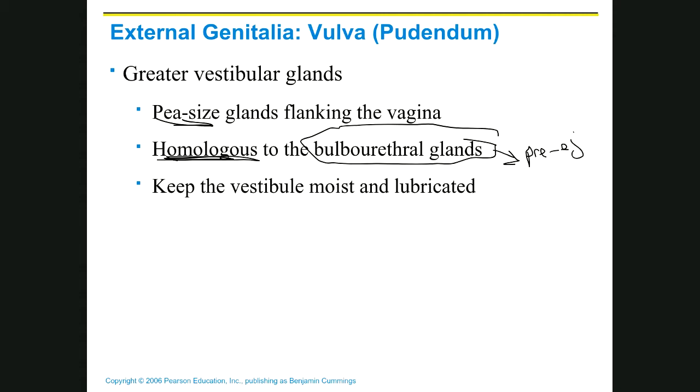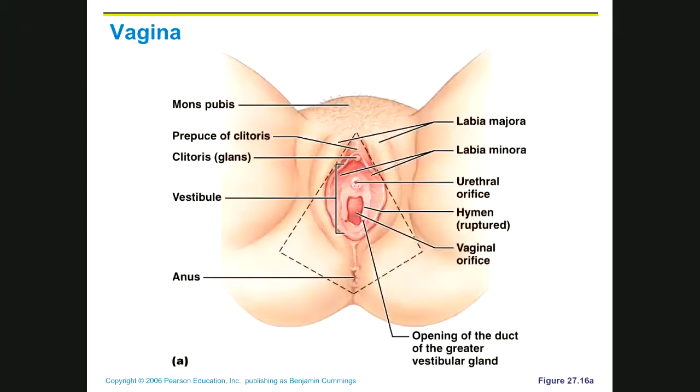And pre-ejaculatory fluid has a whole lot of mucus in it, a lot of mucin in it. And that's exactly what this is here. These glands produce a fluid containing a lot of mucus. And that keeps this vestibule area moist and lubricated. So that's these glands right here.